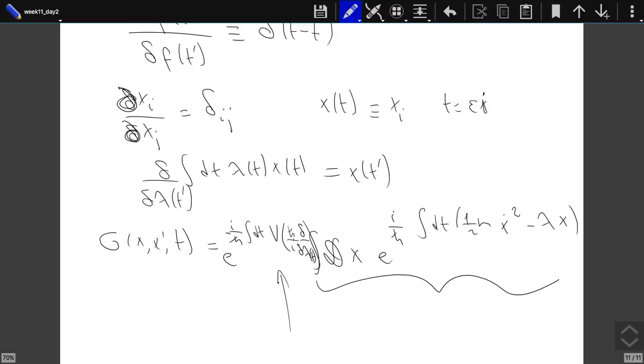All the paths that go above will acquire a given phase, and all the paths that go below will acquire a different phase. So the phase difference will depend on the magnetic field. We will also do that. Again, it's boring to watch the derivations. You should do it on your own.